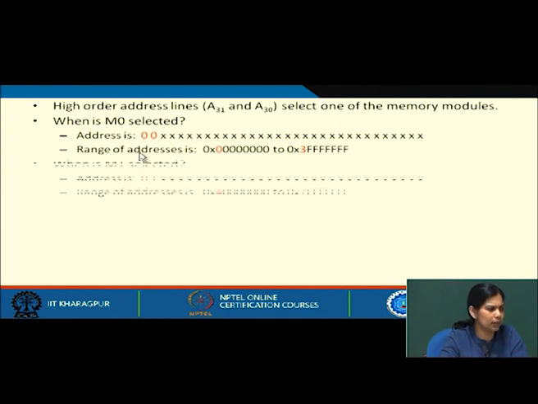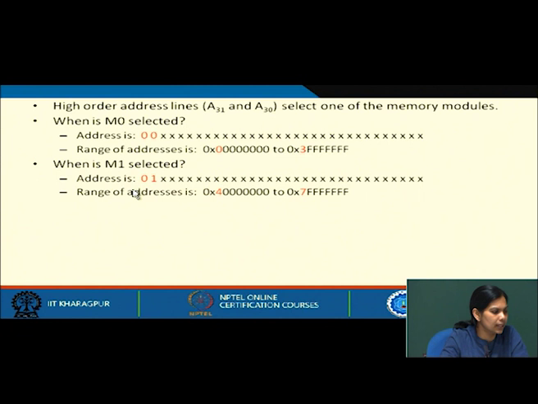Similarly, for module 1, the higher bits will be 01. If this is 01, all the remaining bits will be 0 for the start and all 1 for the end. So, if all are 0, then this will be 0 1 0 0, that is 4. The first set of 4 bits will be 4, so it will be 4 00000 to 7FFFFF.